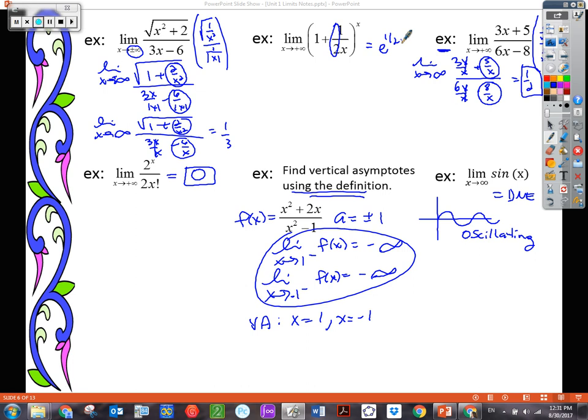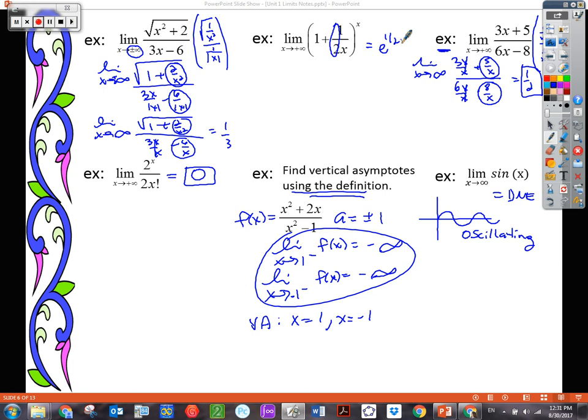Okay, so let's talk about that. If I have a number in the denominator here, now this is always going to be a 1 for us right now. I'm not going to give you any that you have to use L'Hopital on. So if I put a 4 here, it's going to be e to the 1/4. All right, we see the pattern? Okay, this is a great pattern. If you don't like the pattern, you can do it the long way, and I will show you in a couple of weeks. But until then, we're just going to use the formula.